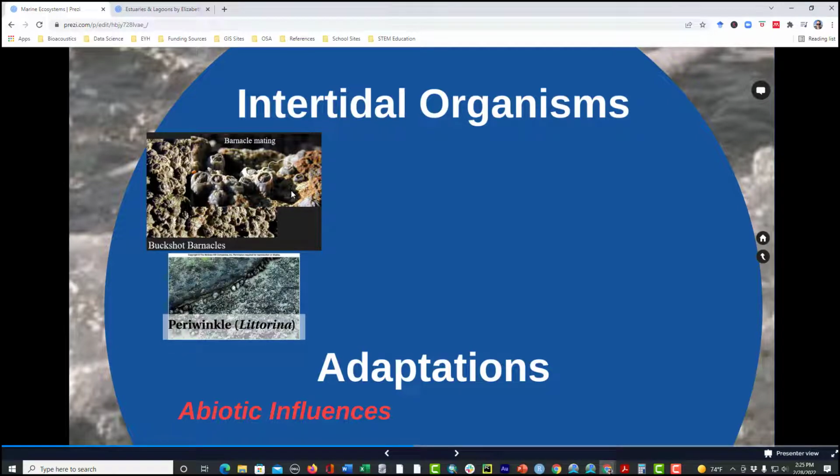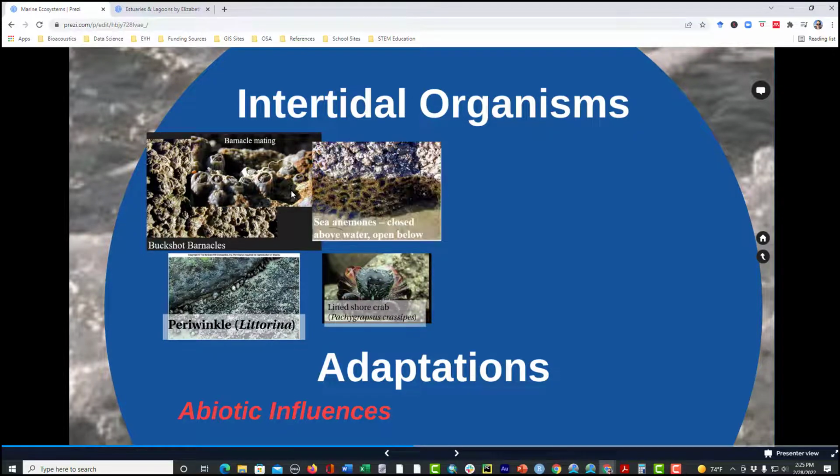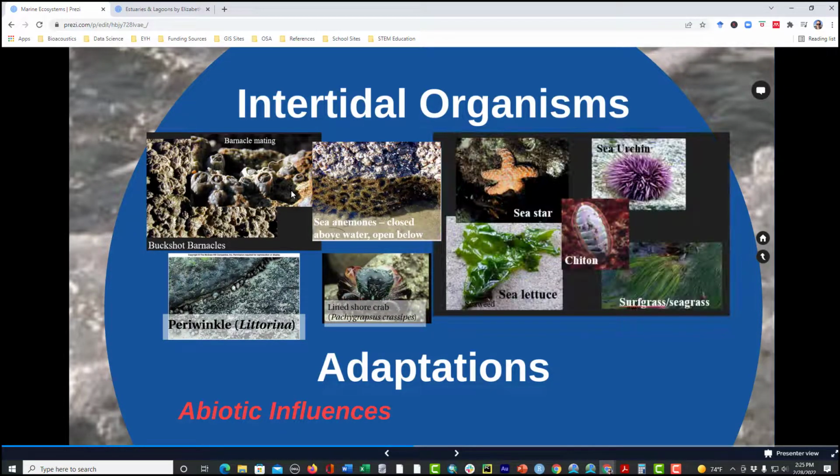Periwinkles are, as I mentioned, cute little snails that occur commonly in intertidal zones. We have lined shore crabs, and sea anemones are quite common. They're going to be closed above the water, and if you can check out in this picture, when they're closed, they attach a bunch of little seashells to their outside to help protect them from the waves and from things eating them.